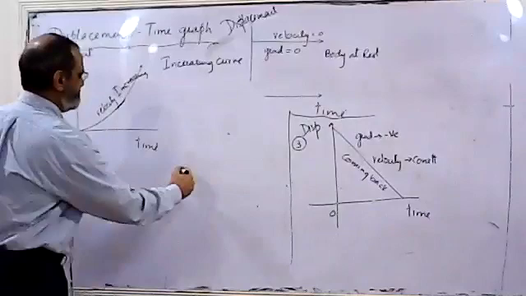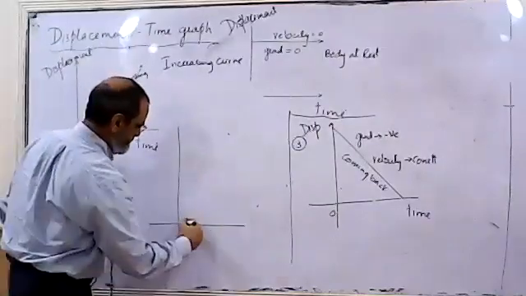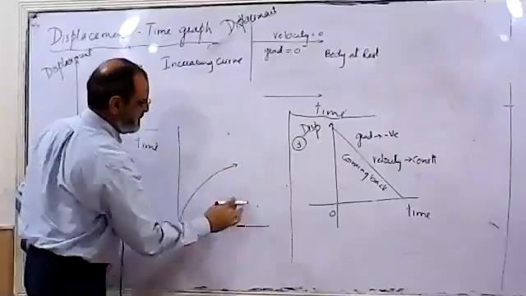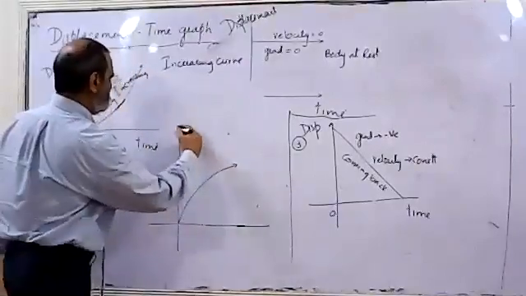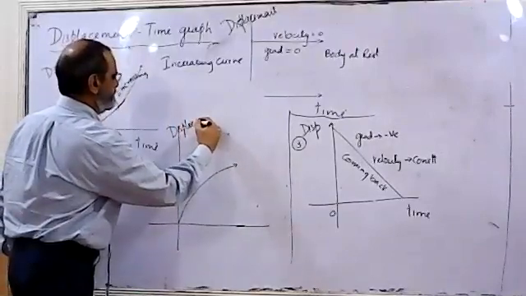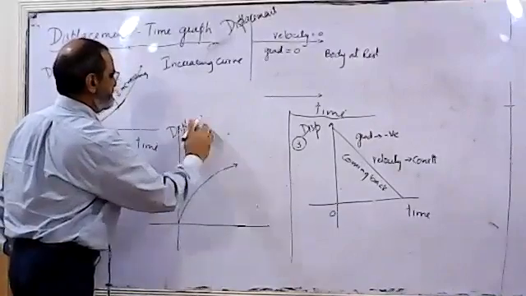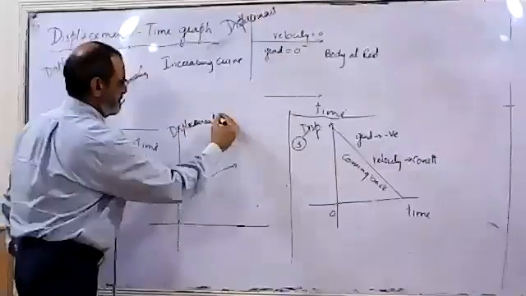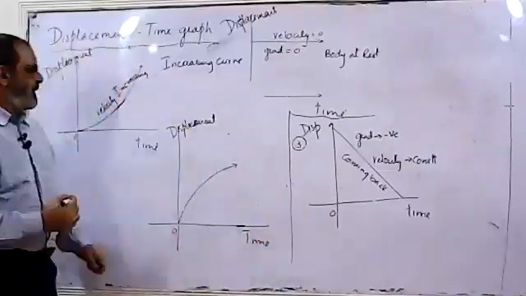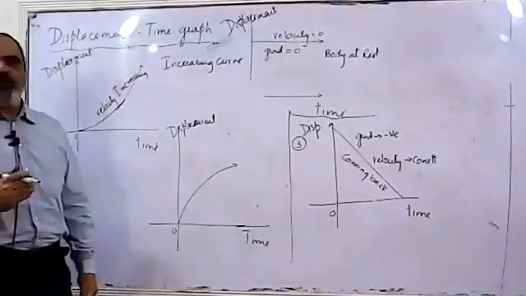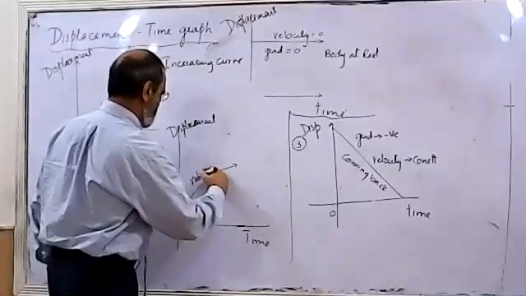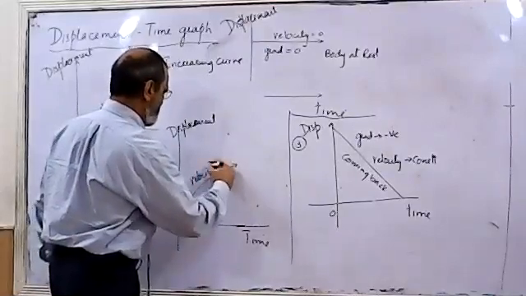But if we have a curve like this, it is a decreasing curve. Decreasing curve means in this case the velocity is decreasing.